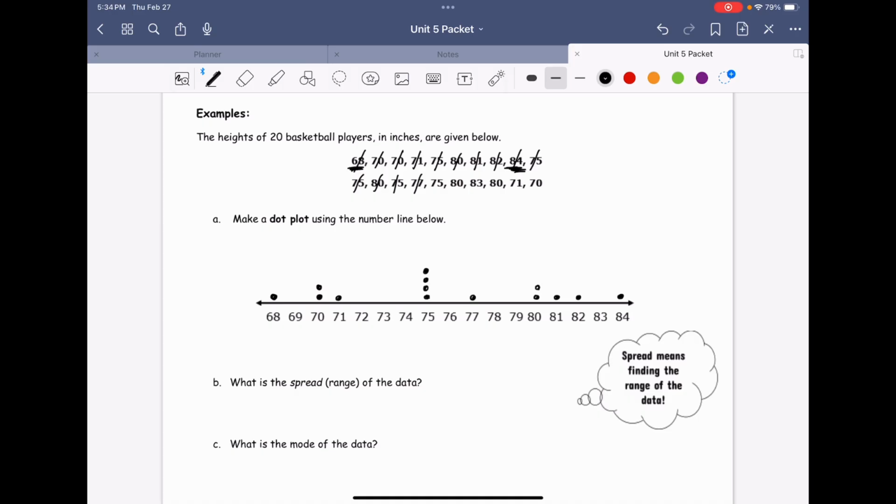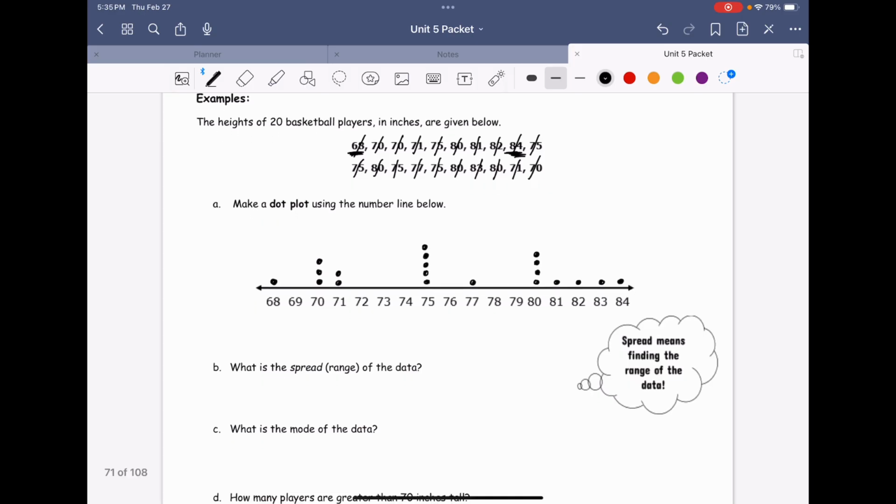And as you can see, it can be very easy to accidentally forget something, so that's why crossing them off as you go is very helpful. You can use dots or you can use little X's. But everything should be above the number line. All right, I think we're good.